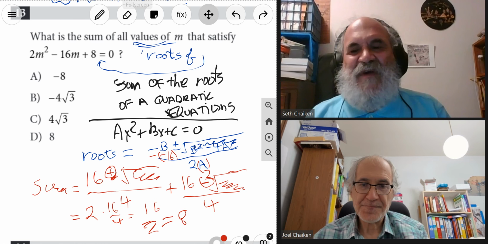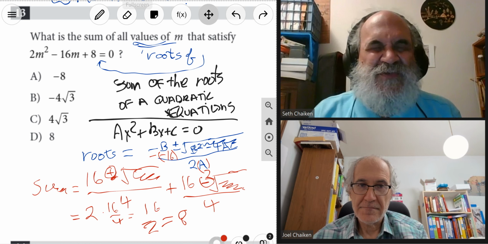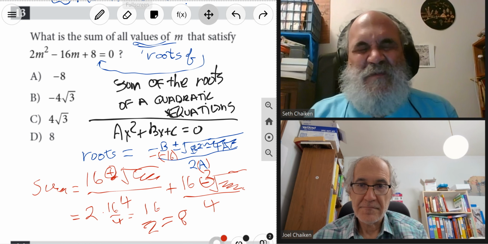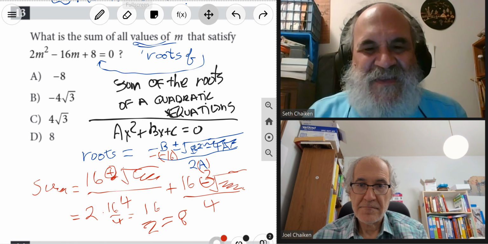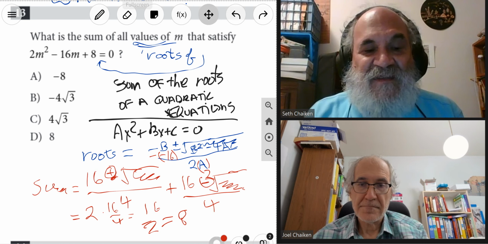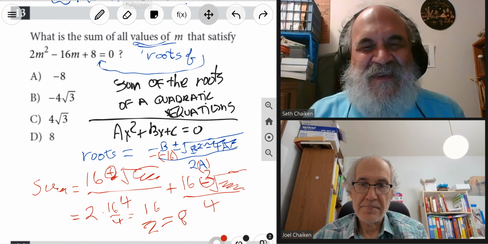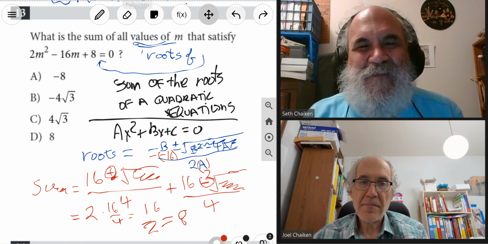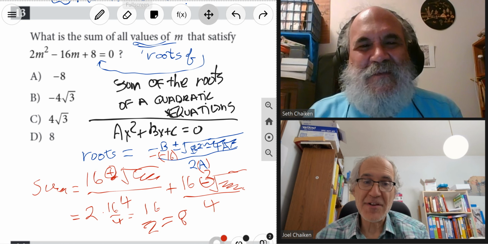If you forgot the formula for the sum of the roots, you might use the formula for the two roots and add them to get the sum. That is actually really smart, but you have to remember the quadratic formula.